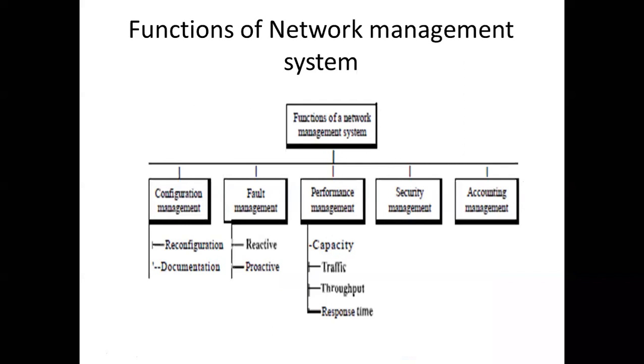So when I use the words monitoring, testing, configuring, and troubleshooting, all these come into the picture. Basically, a network management system is implemented to execute these functions. All these make up a network management system.